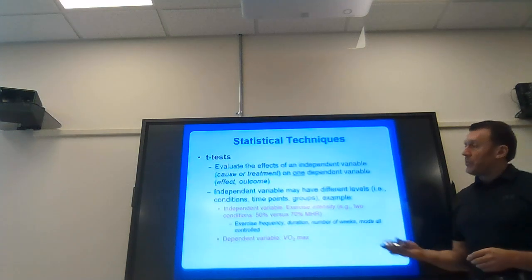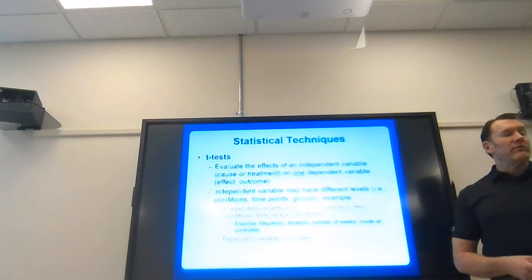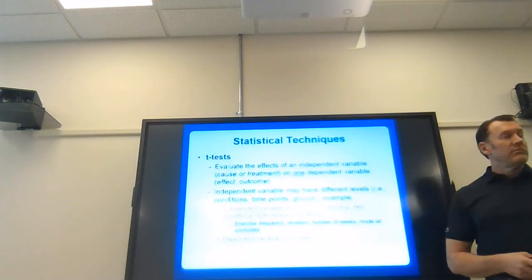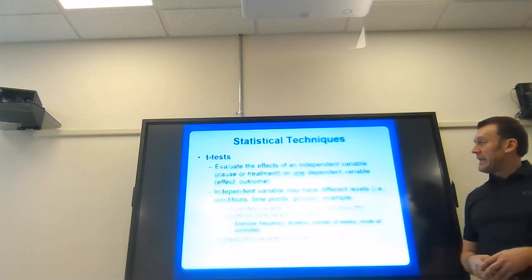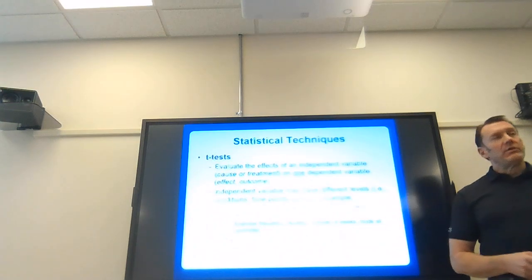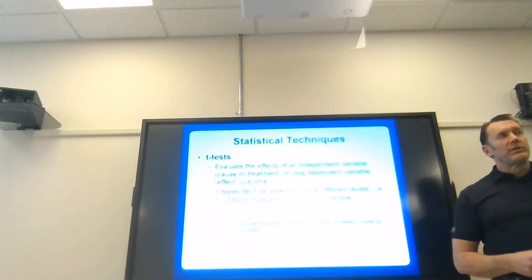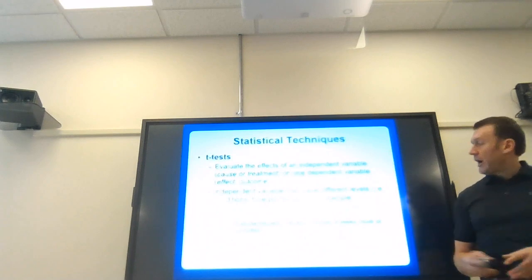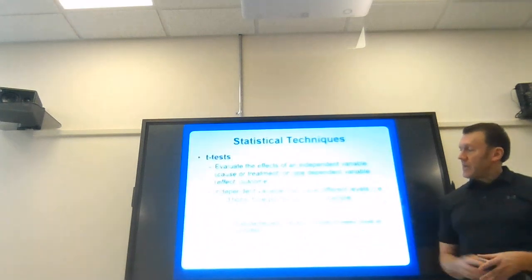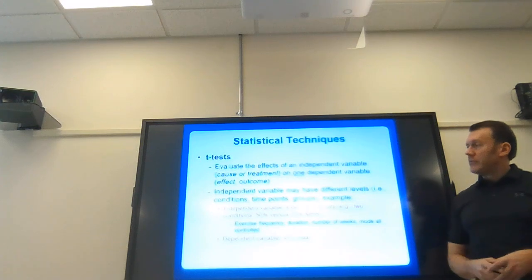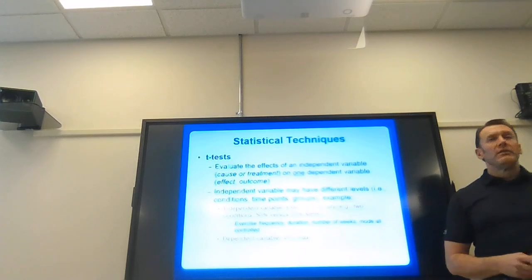Just as an example, a common independent variable would be exercise intensity. Exercise intensity can have multiple levels. If it's a t-test, we're talking about just 2, right? So 50% versus 70% of maximal heart rate.